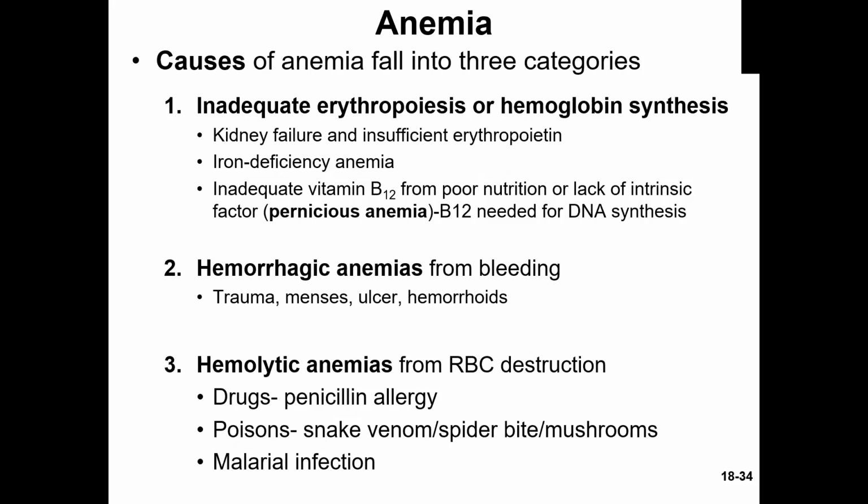Now, on the other side of the spectrum, anemia. We have 3 different types of anemia that we'll talk about. Anemia is when we have an inadequate number of red blood cells or hemoglobin synthesis. This can stem from kidney failure, where the production of EPO, or erythropoietin, gets interfered with, thereby not being able to stimulate the process. It can come from iron deficiency.